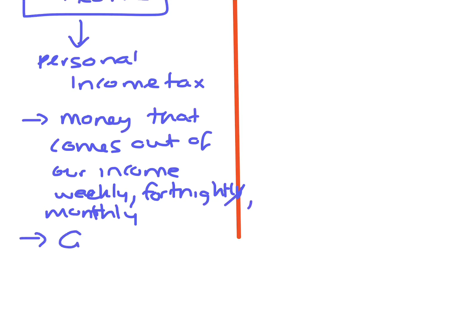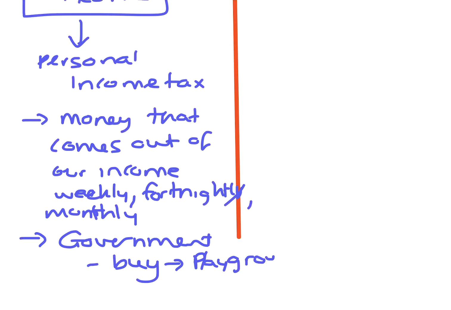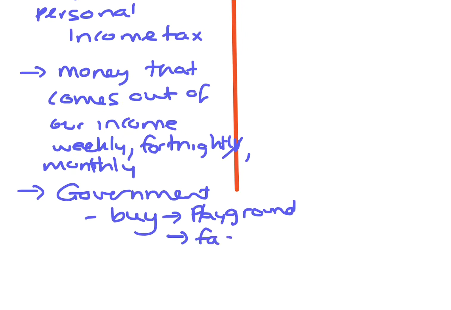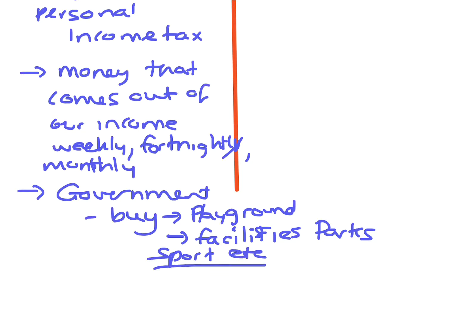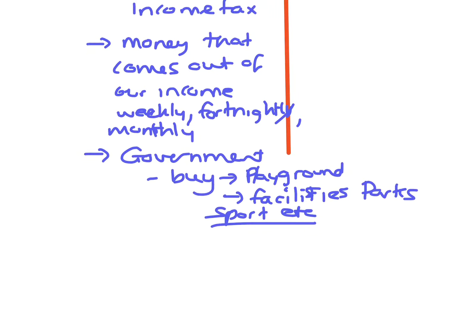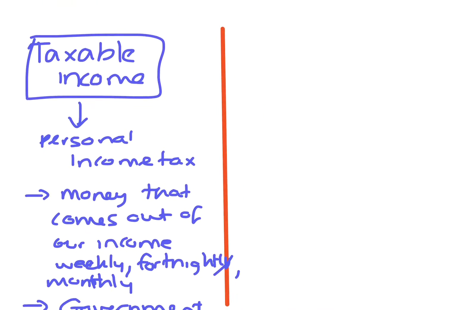And this money will go to the government, and then the government uses the money to buy different things, like a playground, or different facilities for the community, like parks and sporting fields, etc. Okay, so that's how your tax is actually taken out.